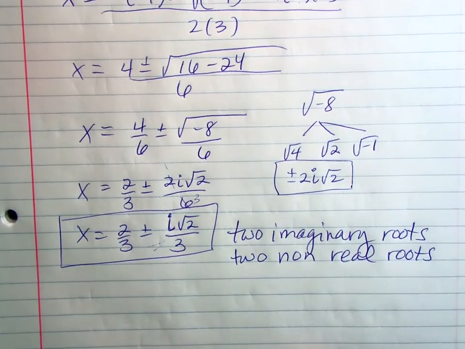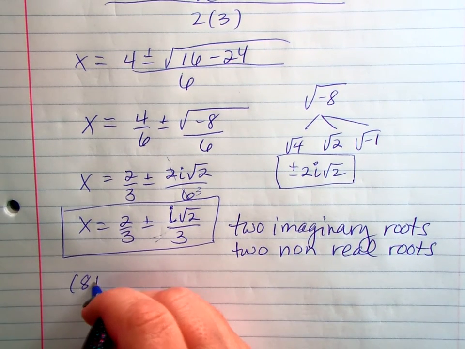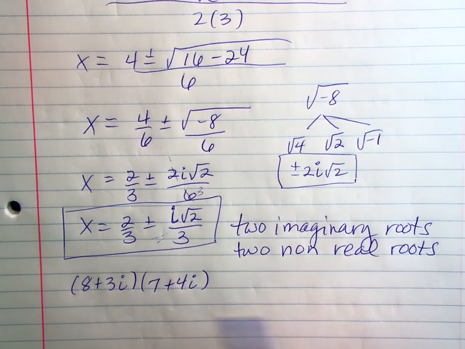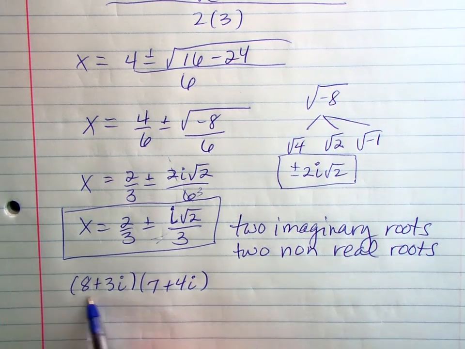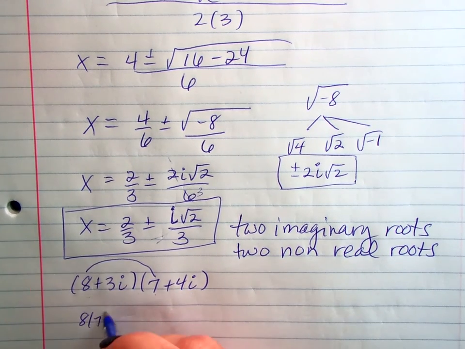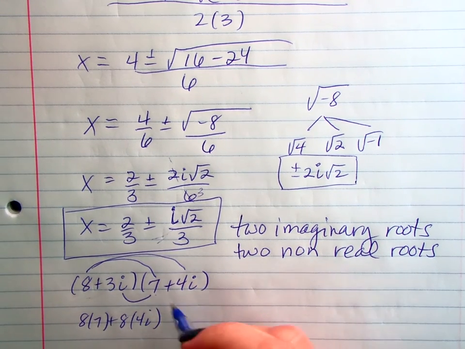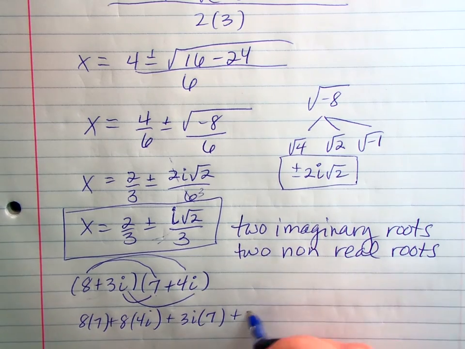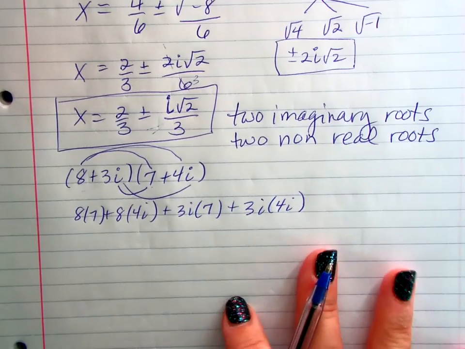Finally, what are we supposed to do with imaginary numbers last? We need to FOIL them the same way that we FOILed binomials from Unit 3. So if I give you an example like this, you're going to go first times first, outer times outer, inner times inner, last times last, and then we simplify.